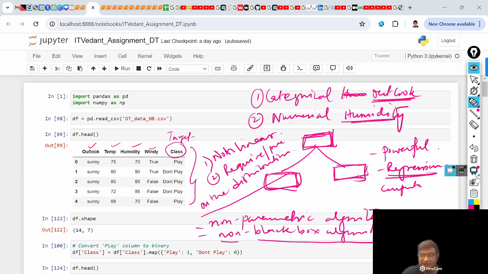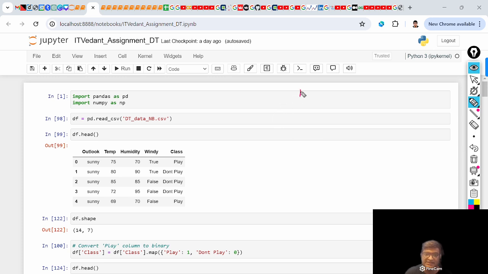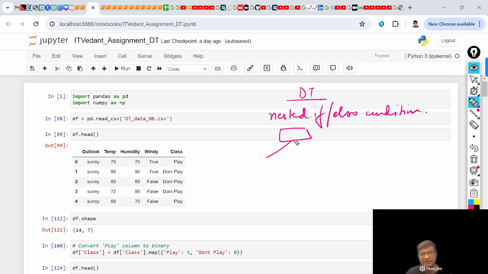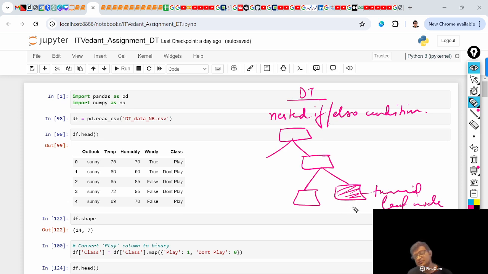Okay. In simple terms, we can say a decision tree is nothing but nested if-else conditions or statements, right? So basically, we have a root node, then we have the intermediate nodes, then we have the terminal nodes, that are the leaf nodes, where the leaf nodes are the terminal nodes where it has classified any one of the classes at its purest best.